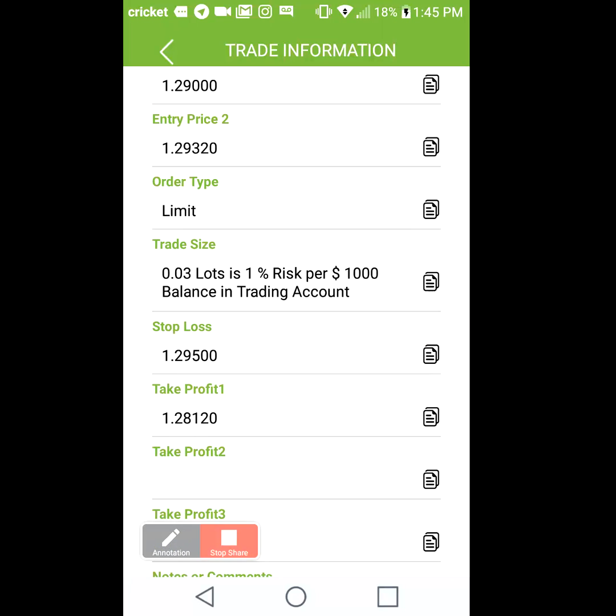So, it's a sell limit, which means it's going to do something a little different. If it was a sell stop, the price would start coming down, hit the entry price and keep going. But with the sell limit, the entry price is above the current price.